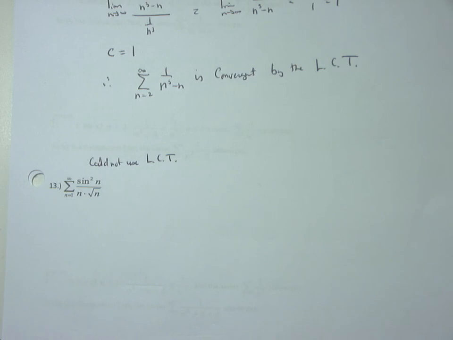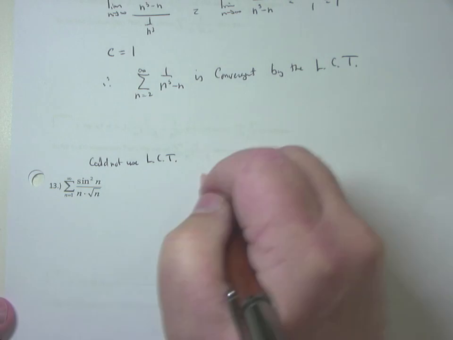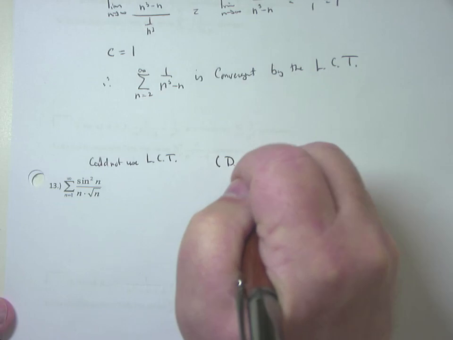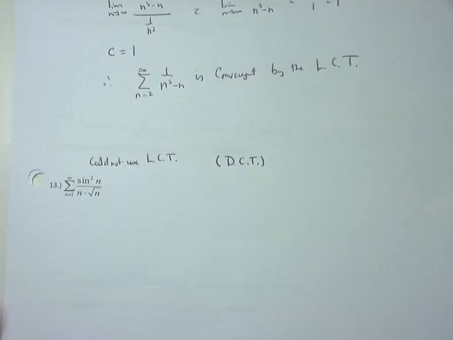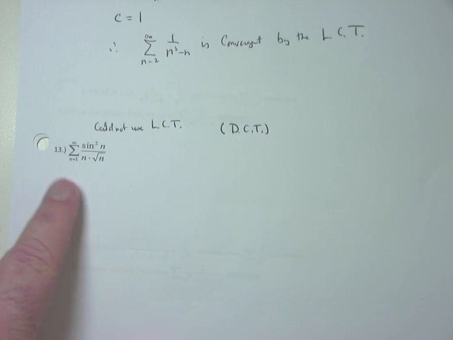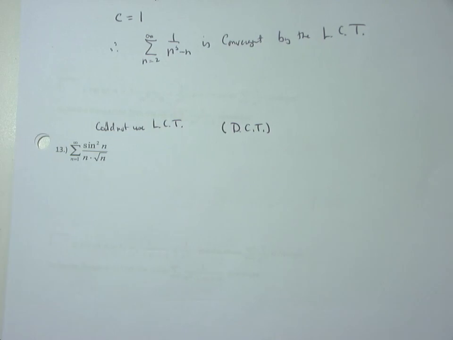But as I just mentioned, this is one where I'm going to use the direct comparison test. I'm trying to give you an example of why both tests exist. 90% of the time you're going to use the limit comparison test. There's this 10% of the time that I'm going to have to use the direct comparison test, where the limit comparison test won't work. Here's the deal.